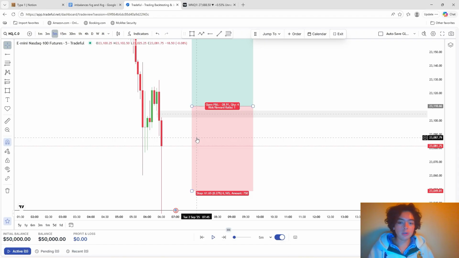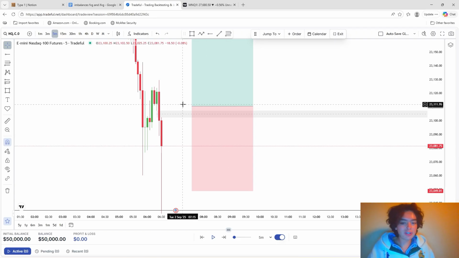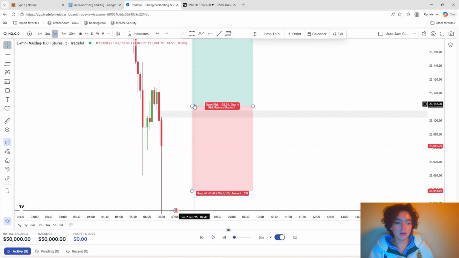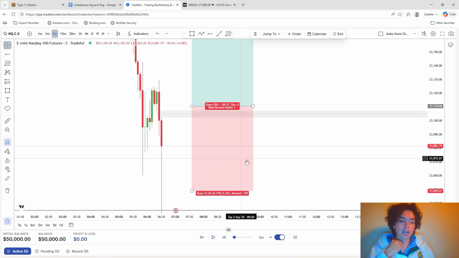But again, what you usually see off of these fair value gaps, with no confluences like the ones I have in my Chicasso model, it's very likely for us to get faked out, where we inverse it, and then you enter the trade with no confirmation, and then you just instantly get your stop loss railed.